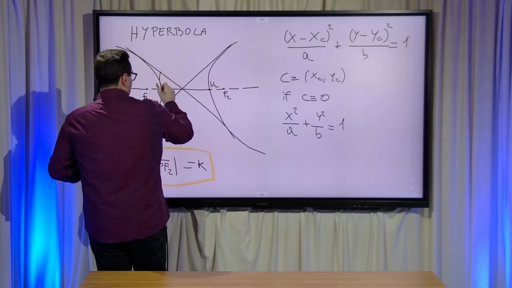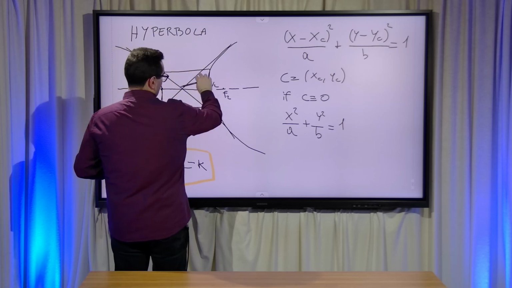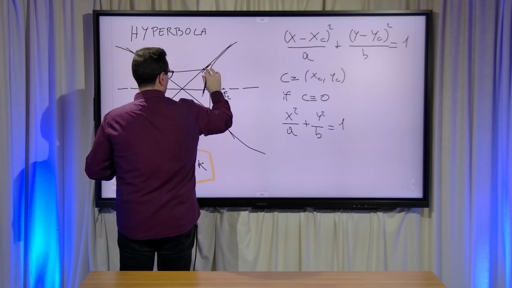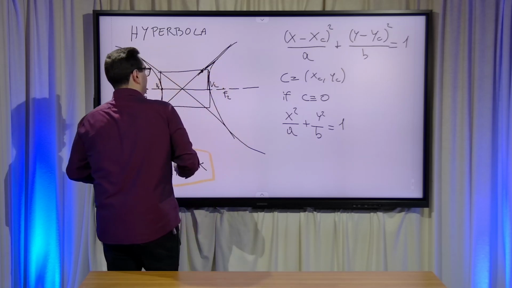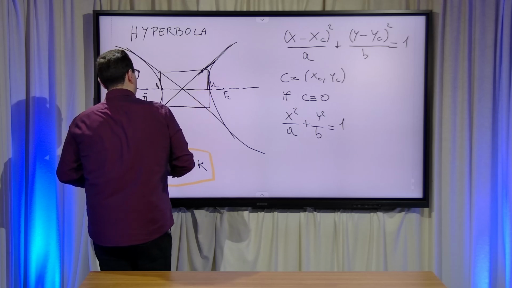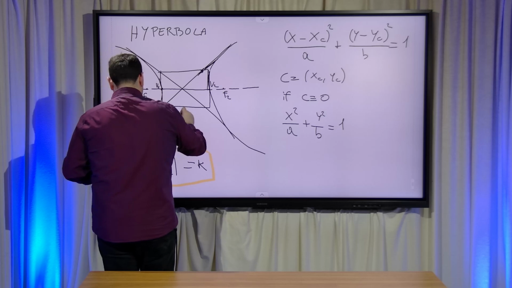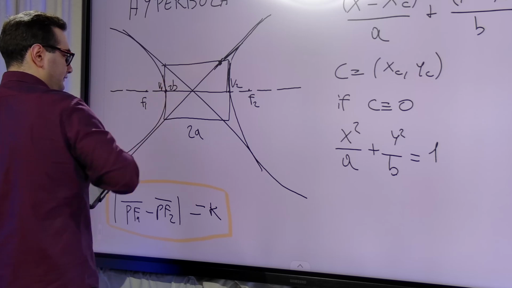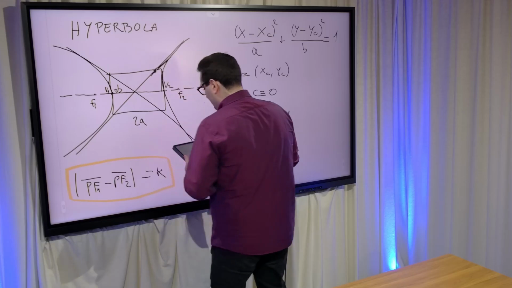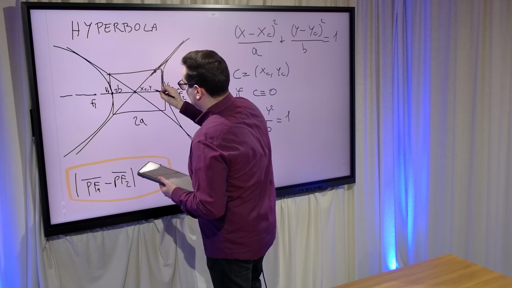We can also say that the asymptotes of the hyperbola pass through the vertices of a rectangle that is 2a by 2b, okay, and it's centered in the center of the hyperbola.